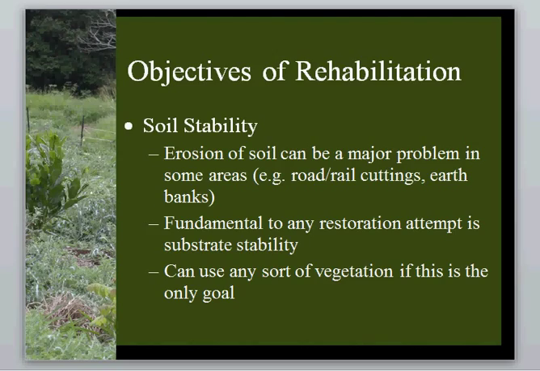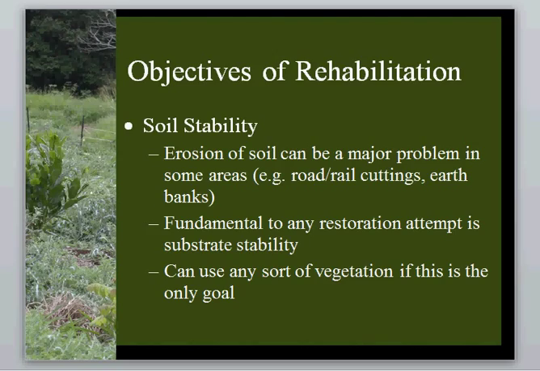It could be a species of grass from Outer Mongolia. It doesn't matter, as long as that grass grows, as long as that grass has a soil stabilization capacity, then it can be used to restore that ecosystem function of stabilizing soil.